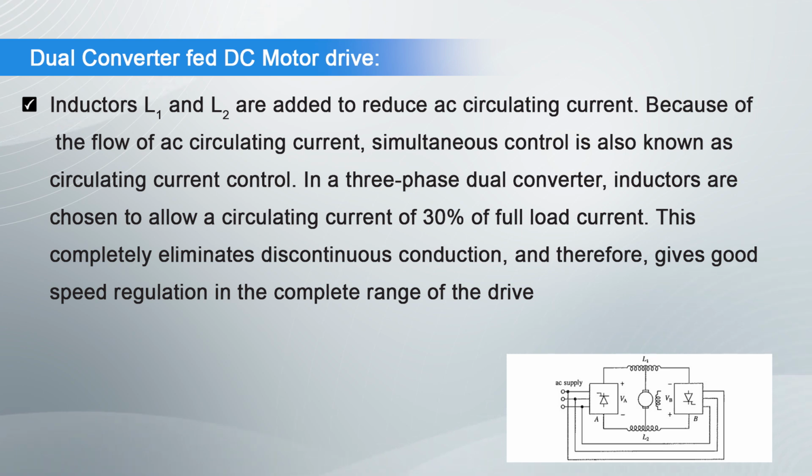In a 3-phase dual converter, inductors are chosen to allow a circulating current of 30% of full load current. This completely eliminates discontinuous conduction and therefore gives full speed regulation in the complete range of the drive.